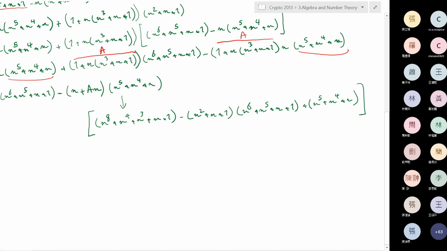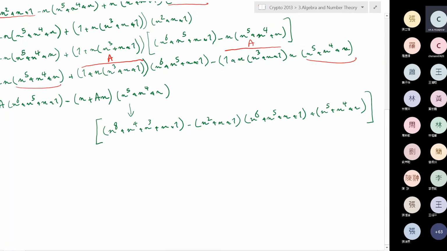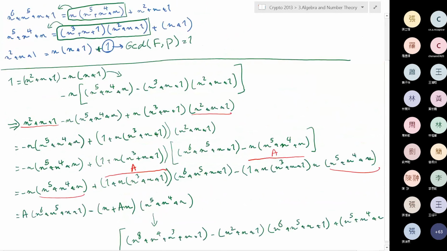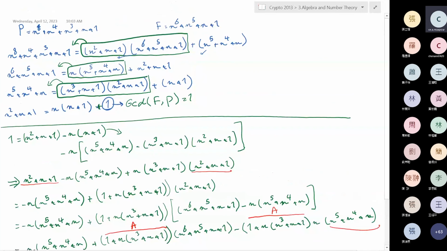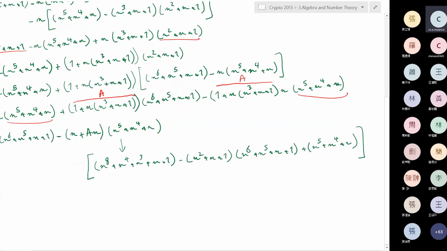All right. Let me see if I get it correctly. So I can rewrite that one as x^8, right? x^8 minus this thing. Okay. No, I don't have to have that last term, I guess.